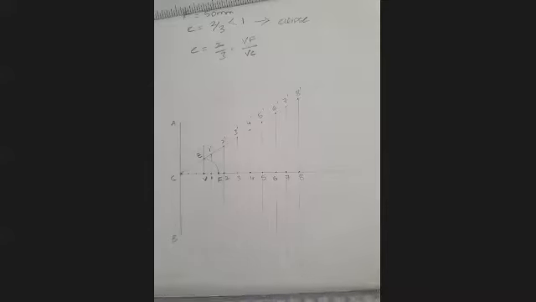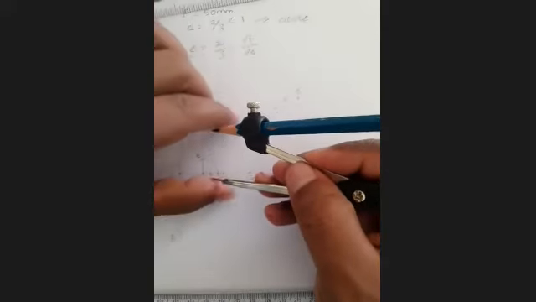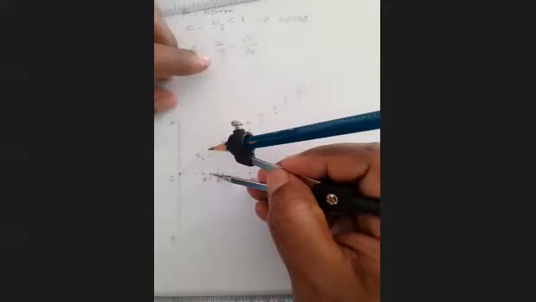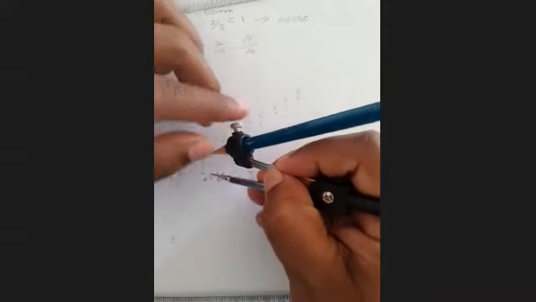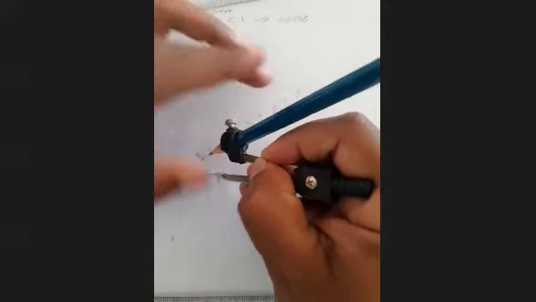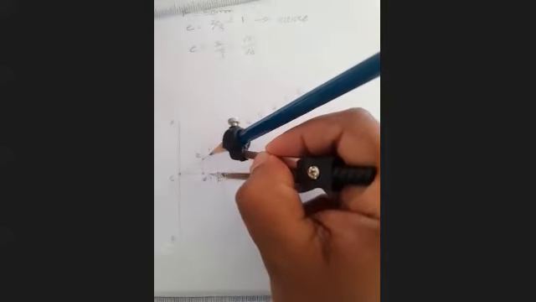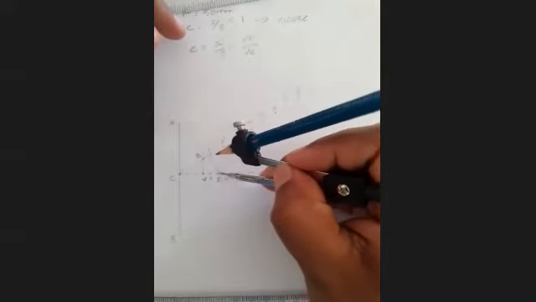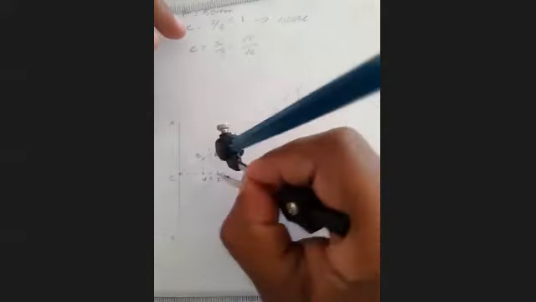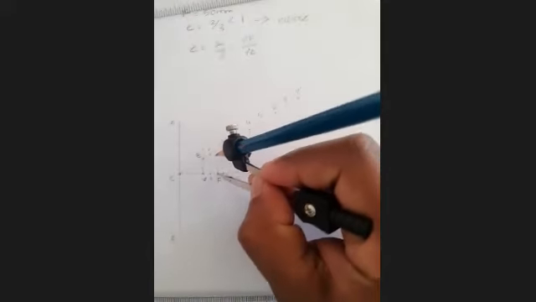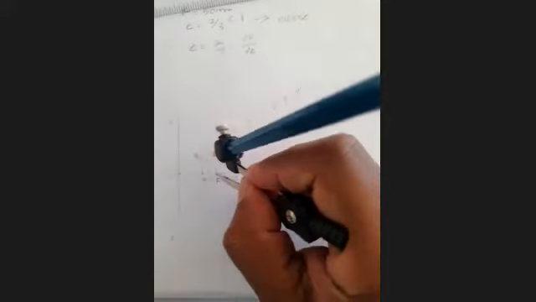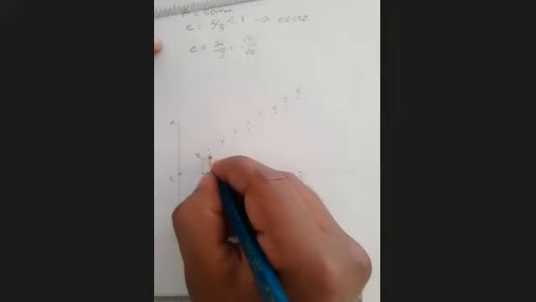Okay, completed. Now take 1 to 1 dash as radius. For all divisions, it is the same. 1 to 1 dash as radius, F as center. Cut the arc above and below on the first line. Then you will get points.